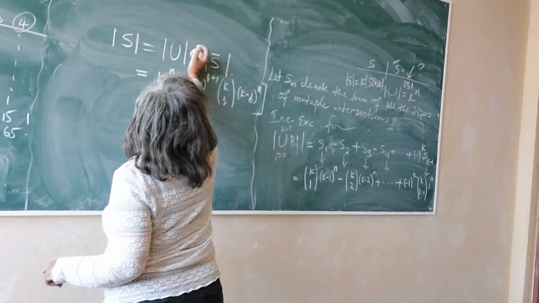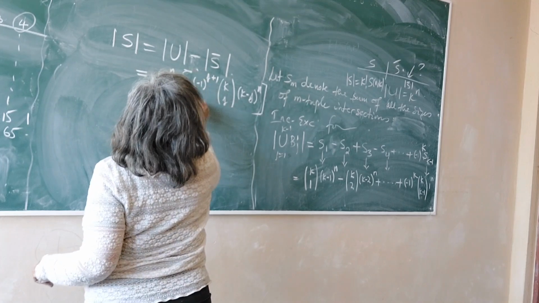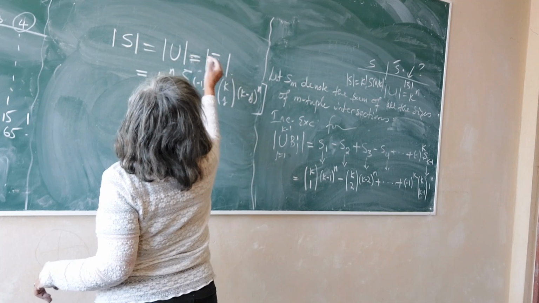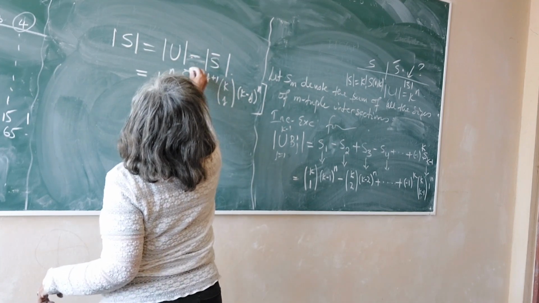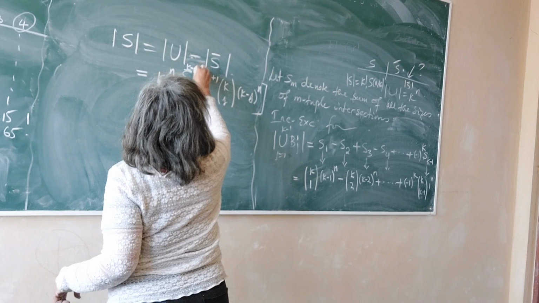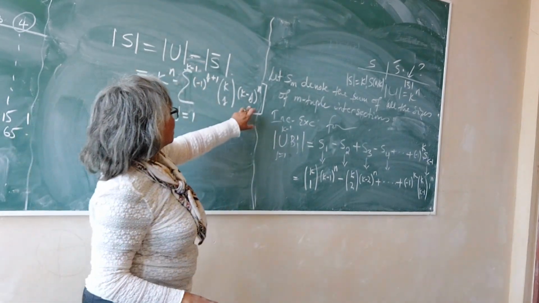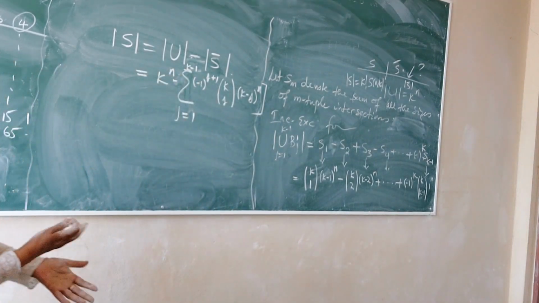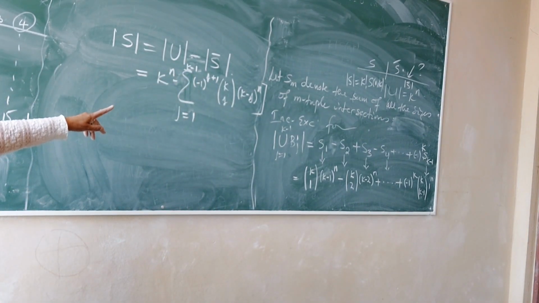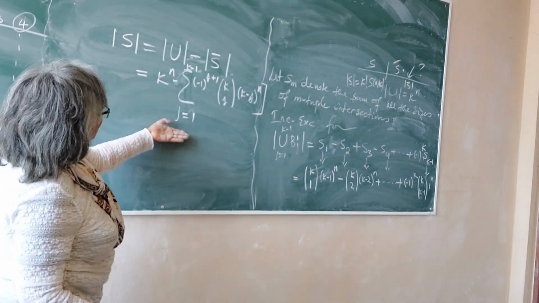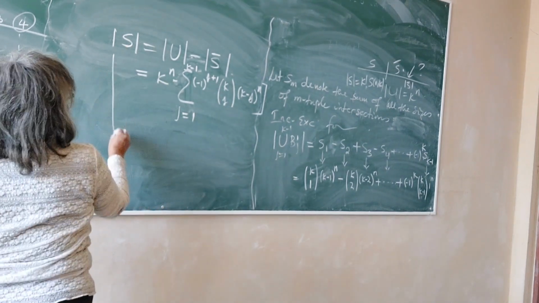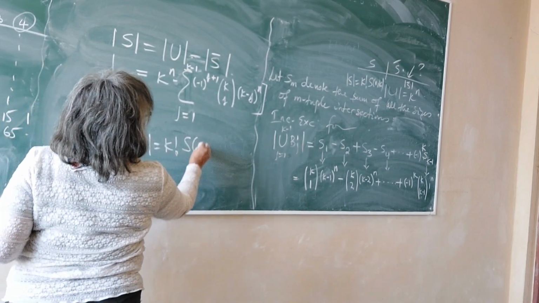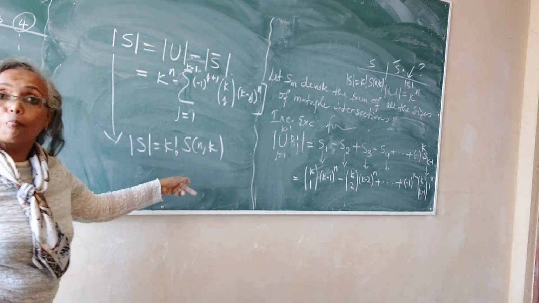Okay, I forgot to write the sum, sorry. When j is 1 this is the first term, and when j is k minus 1 it is the last, and so on. This is a formula for what we have established to be k factorial times S(n,k).